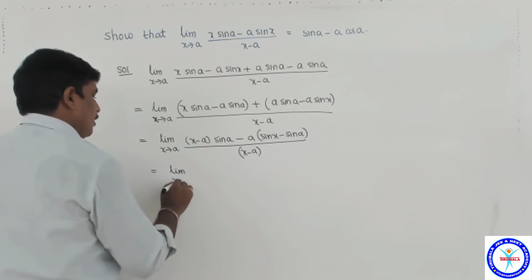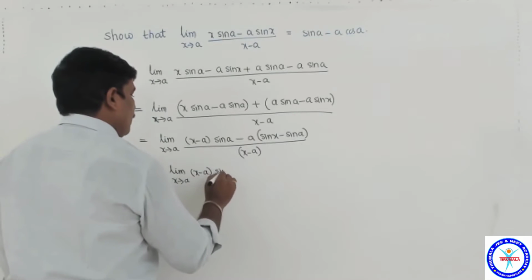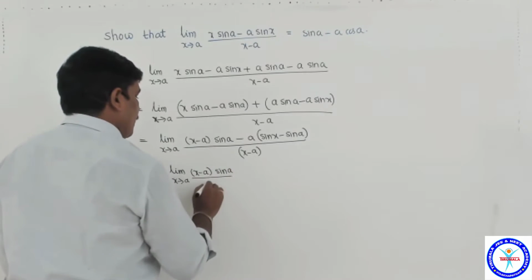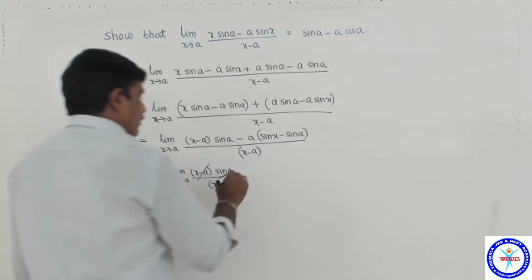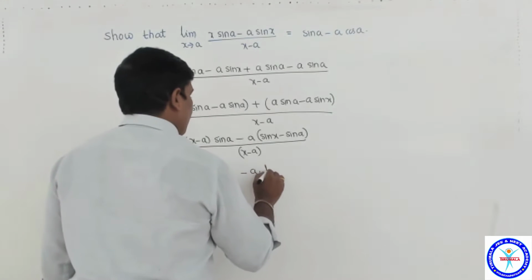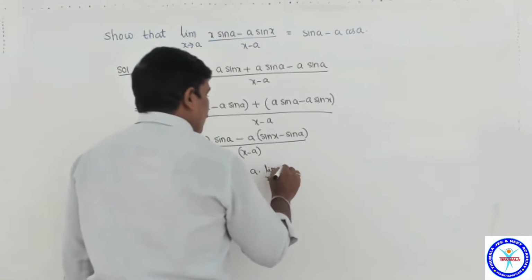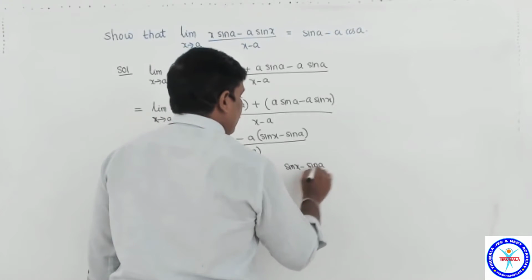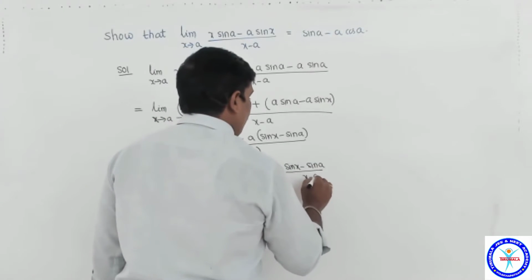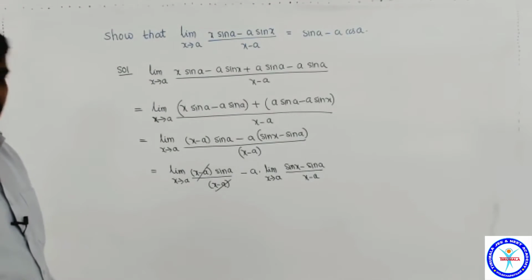Limit x tends to a, (x minus a) into sin a divided by (x minus a) cancel, minus a into limit x tends to a, (sin x minus sin a) divided by (x minus a).